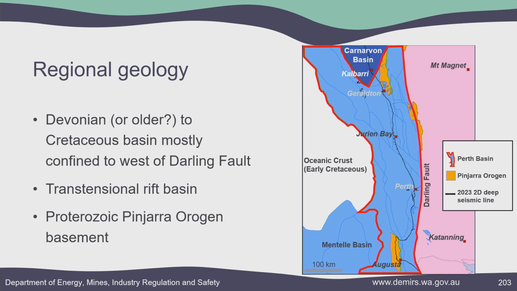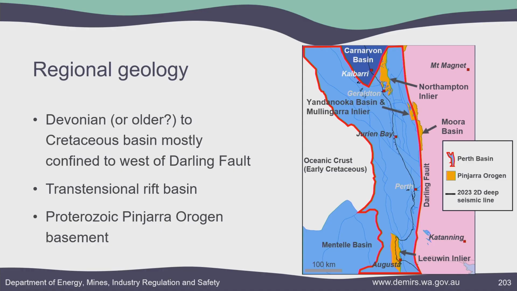The Perth Basin was the southern end of a narrow interior rift in eastern Gondwana, with the Yilgarn Craton to the east, so that's the area in pink, and India to the west. And it's now filled with Devonian or older to Cretaceous strata that are mostly confined to the west of the Darling Fault. The basement rocks to the Perth Basin are the terrains of the Proterozoic Pinjarra Orogen.